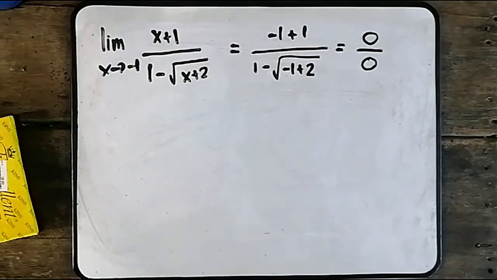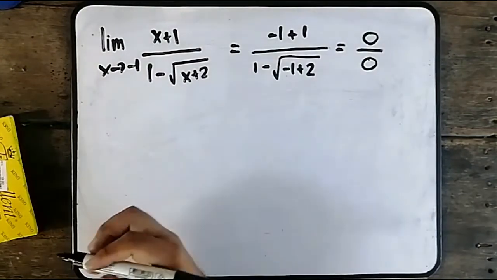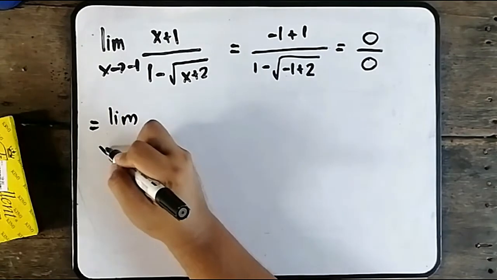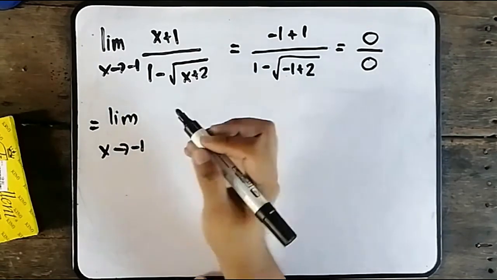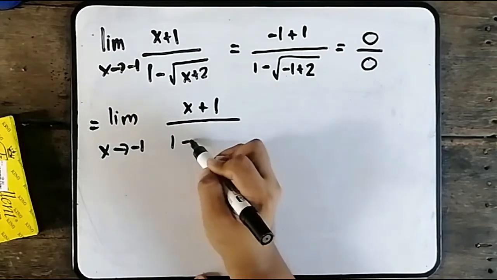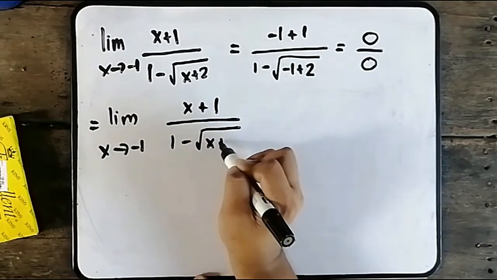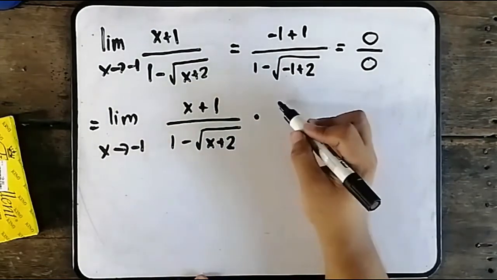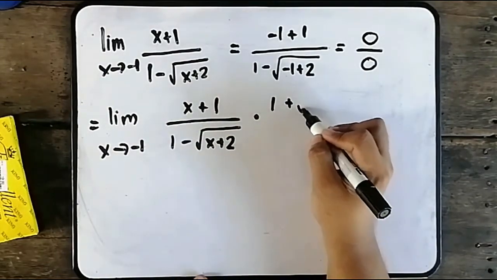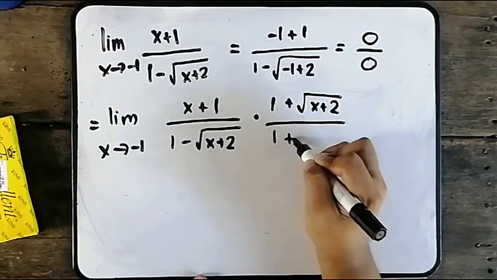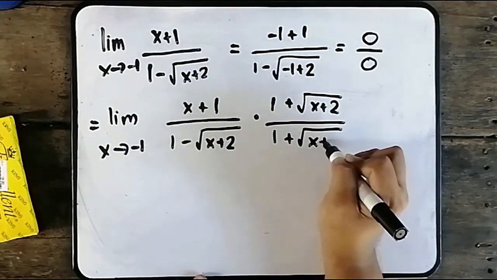So again, we have to rationalize this by multiplying with the conjugate. So we have x plus 1 all over 1 minus the square root of x plus 2. Multiply by the conjugate of this. The conjugate of this is 1 plus the square root of x plus 2 all over 1 plus the square root of x plus 2.